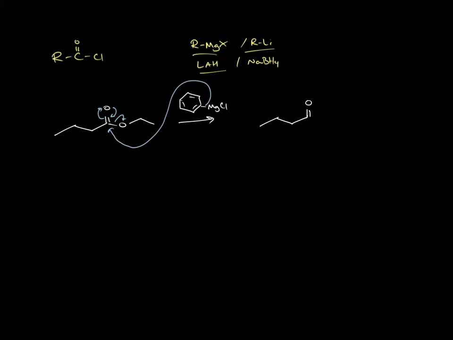And so I would end up with this guy if I attacked once, but then we would get another attack of the same molecule, assuming you had excess. And we would get a second attack, leaving me with two benzene rings attached here, and an O-. And if I wanted to protonate that, I could throw in a little bit of dilute acid or water or something like that.